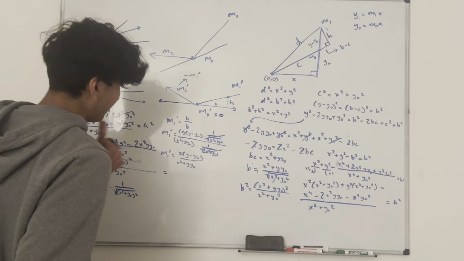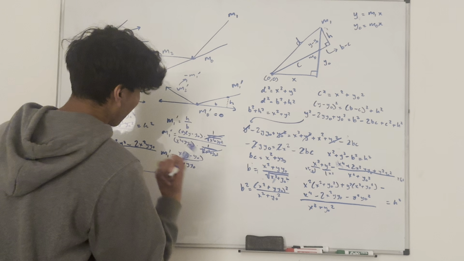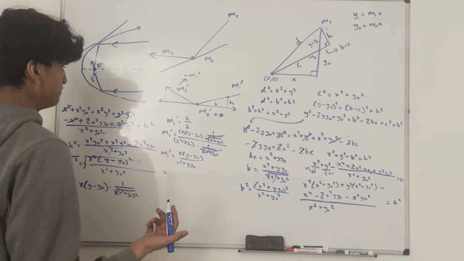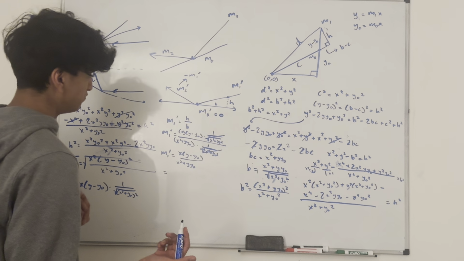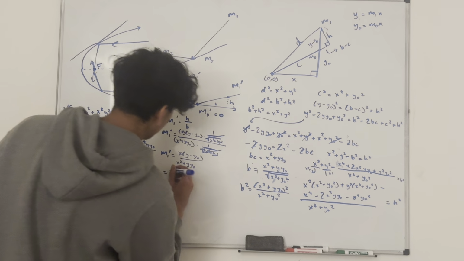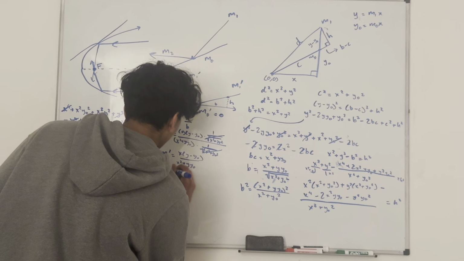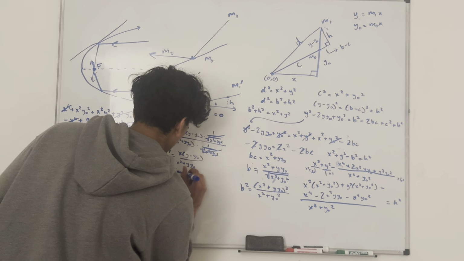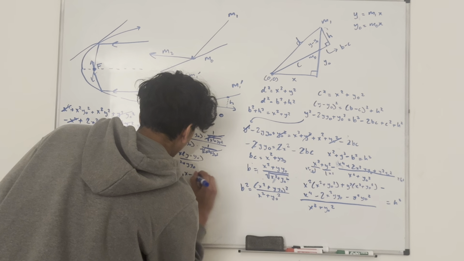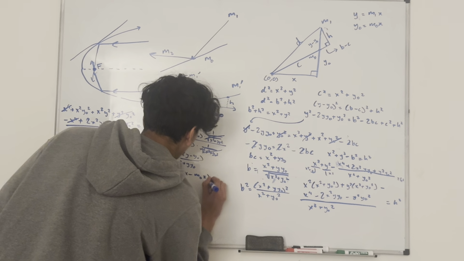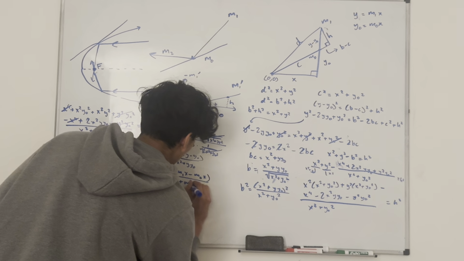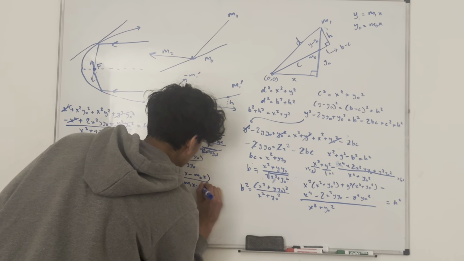So m1 prime is equal to x, y minus y initial. What am I doing? I'm doing the substitution. So x, y is just m1x minus m initial x over x squared plus m1x times m initial x, right?